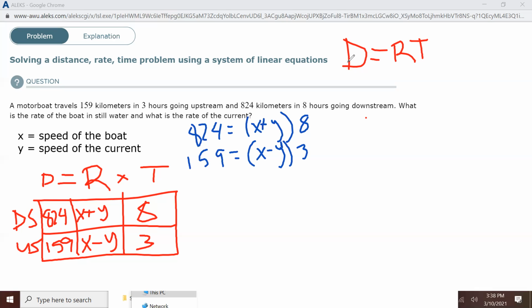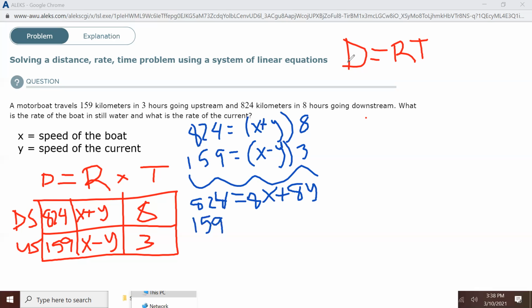So now I can solve the system of equations, but first I must get rid of the parentheses. At this point, I could do substitution or elimination method.